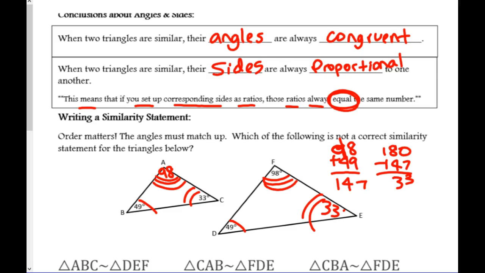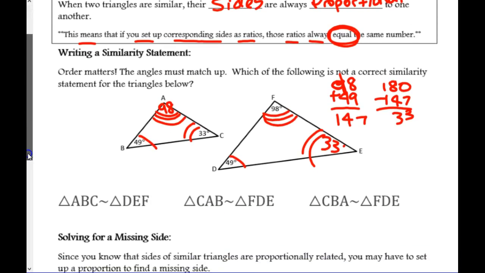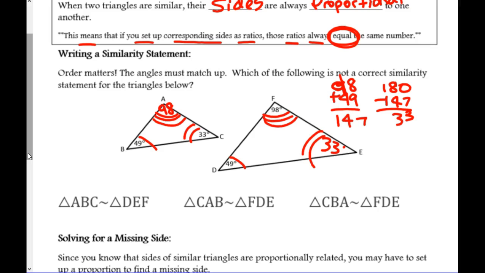Okay, so real quick. They want to know, are any of these statements true? And if so, which one? Okay. Now, the first thing it says here is what? Order matters. Everything has to match up for it to be a correct similarity statement. Okay. So let's see if this first one's true. It says A, B, C. Now, A is 3 arcs, B is 1 arc, C is 2 arcs. 3, 1, 2.